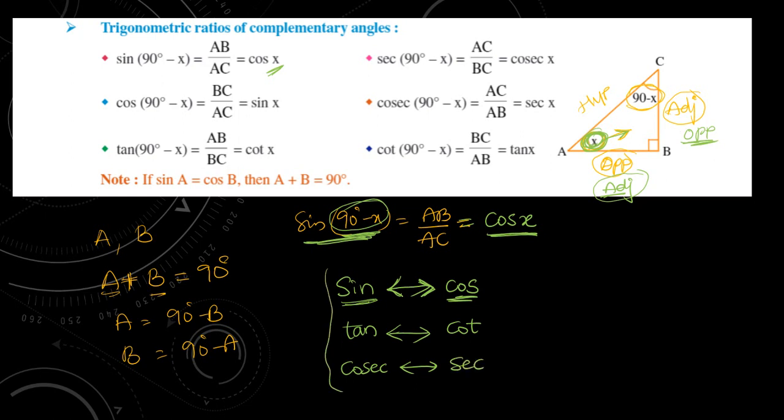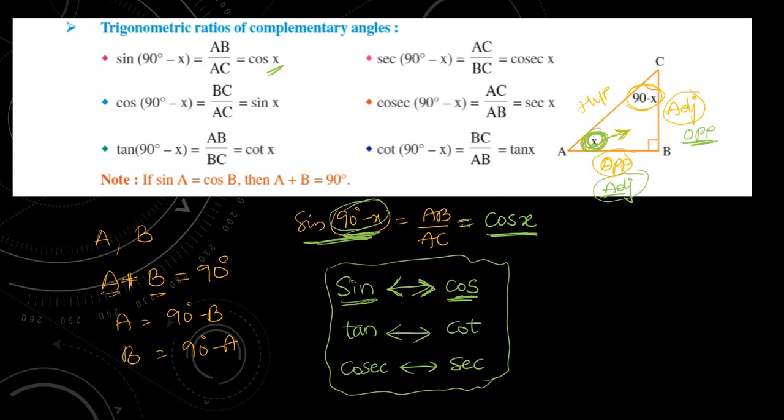If you can remember this particular format, then automatically you can solve any problem related to complementary angles, right? Whenever you have 90 minus, this particular 90 will change sin as cos and cos as sin, tan as cot, cot as tan, cosecant as secant and secant as cosecant. So likewise we are going to have the changes, right?